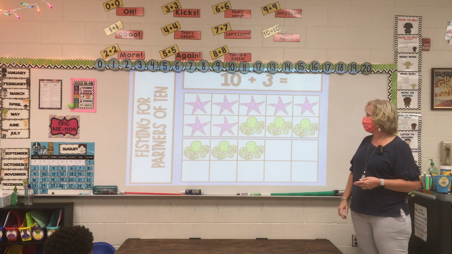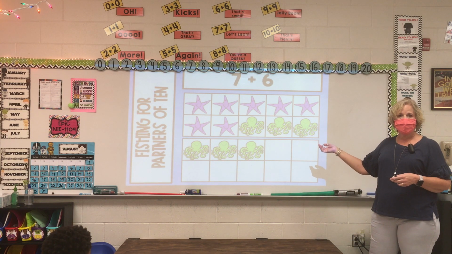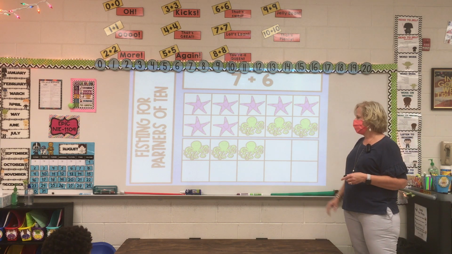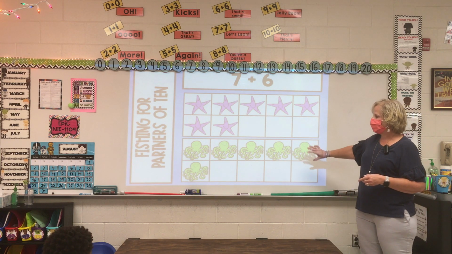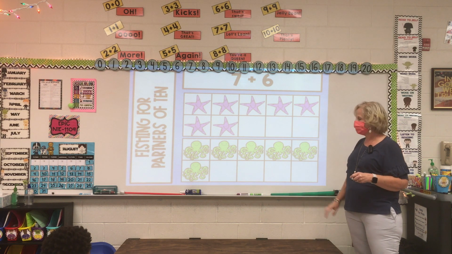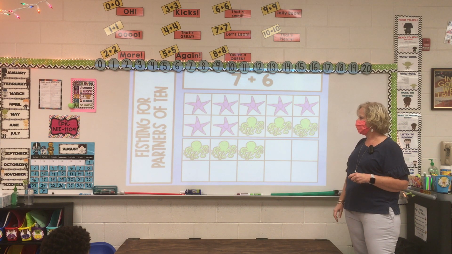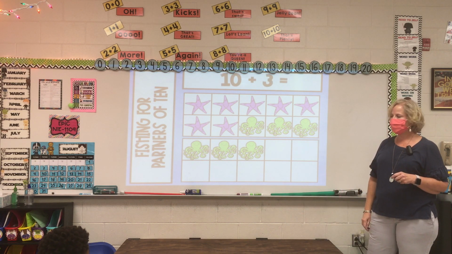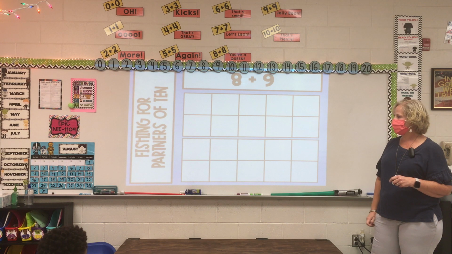That's the same as 7 plus 6. I'm getting the same answer, but now I've made my 10 frames look a little different. This was 7 plus 6, but I want to fill this one up. That leaves me 3 down here. 10 plus 3 is also equal to 13.